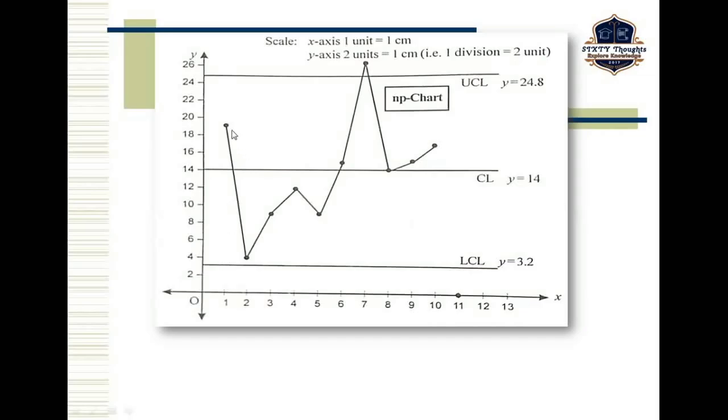Sample 1 defective value is 19, sample 2 defective value is 4, sample 3 defective value is 9, sample 4 defective value is 12. Likewise we get the remaining values. Connecting all the points we get this graph. So from this we can clearly see that sample 7 does not lie within the control limits, which means the upper and lower control limits. The process is called out of control. So now we write the conclusion.